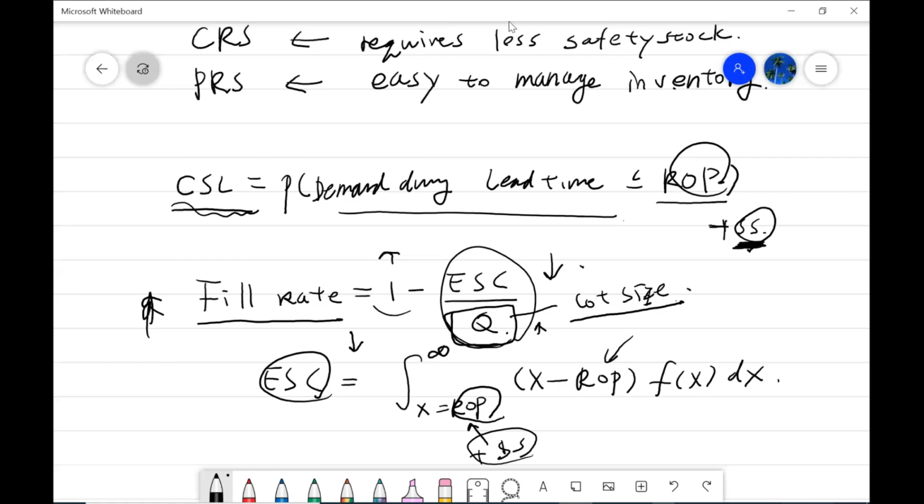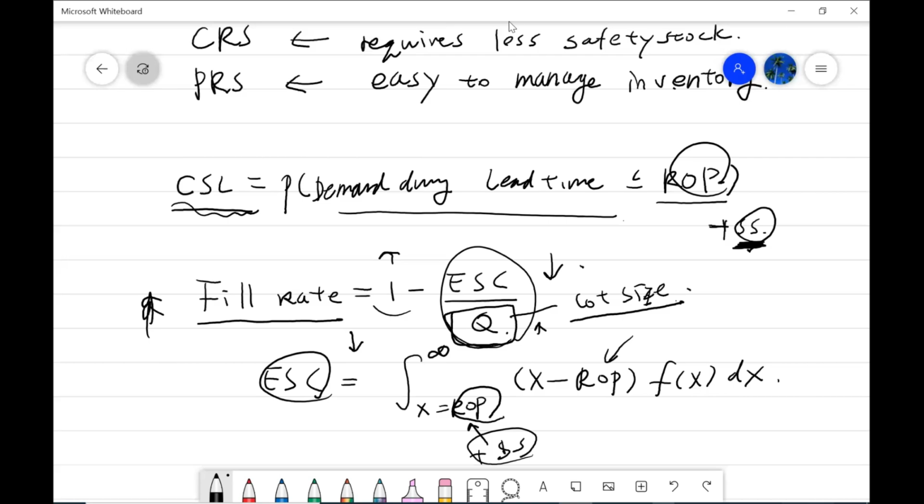So when you talk about product availability, you have to consider not only the order quantity but many other things, such as demand uncertainty and how much inventory you maintain in the system. Just one big order doesn't solve any problem or increase your product availability. It doesn't make sense, okay?